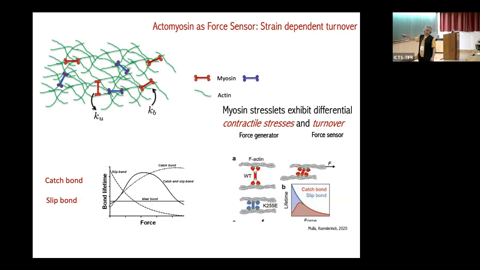But in some species of myosin, you could also have a slip bond. That is, it gives way. It unbinds very quickly as soon as you apply a force. So you could have these two characteristics. I just wanted to say that the binding of myosin onto actin depends on force. It's force dependent, strain dependent. These are the two features that we're going to put into the theory.